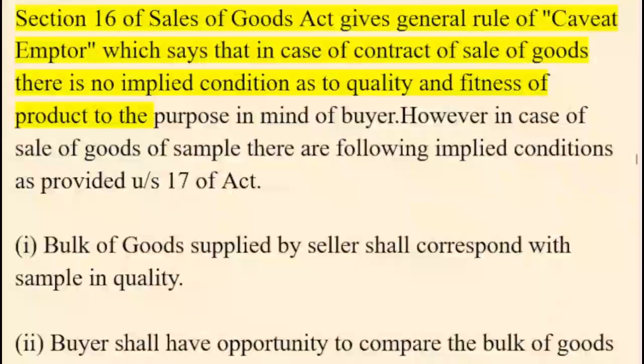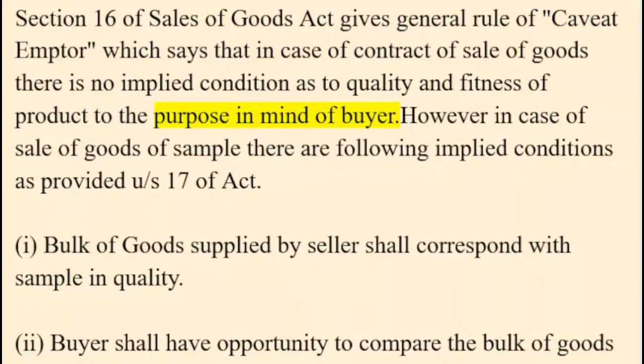Section 16 of the Sale of Goods Act gives the general rule of caveat emptor, which says that in case of a contract of sale of goods there is no implied condition as to quality and fitness of the product for the purpose in the mind of the buyer.